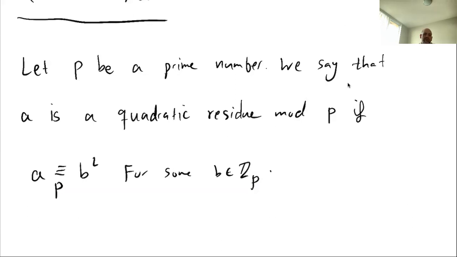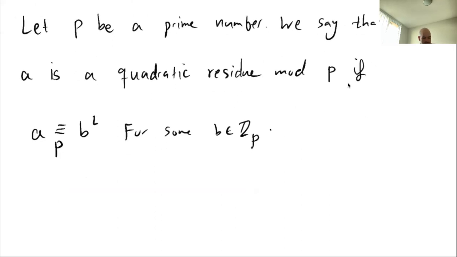Now, if a is congruent to b squared for some b, then we say a is a quadratic residue. Please note that if this was an equality, if a is equal to b squared, then we would call a a perfect square. But because here we don't have equality and we have congruence mod p, the term that we use is quadratic residue.